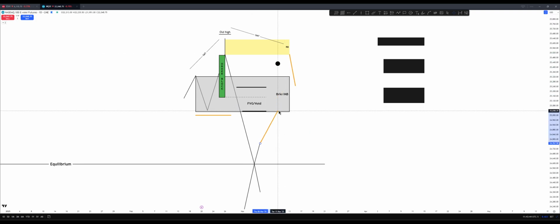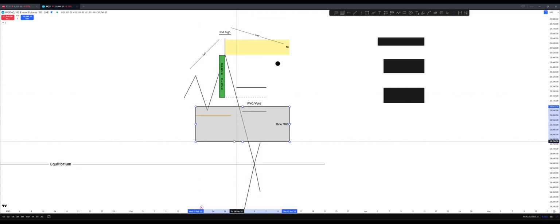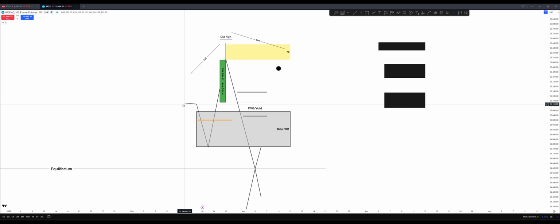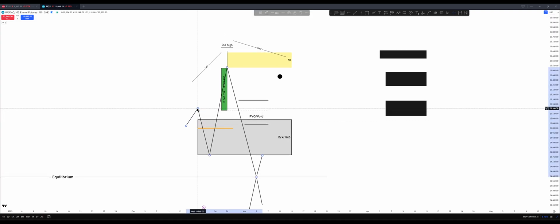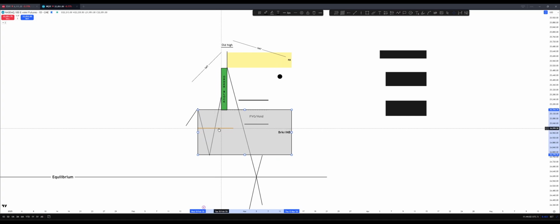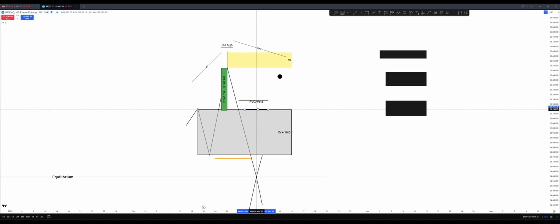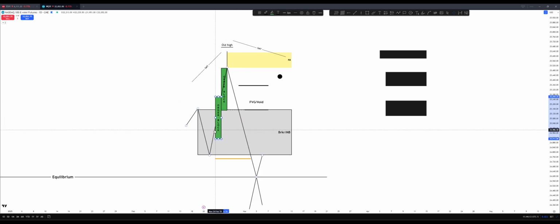All right, so let's change the formation. This is a perfect formation, but let's say we have the breaker here, right? And we have the void just right here, and we have a couple of order blocks like this, right?